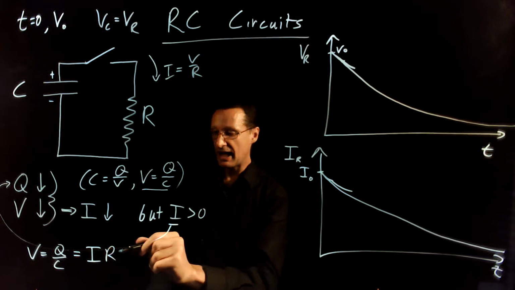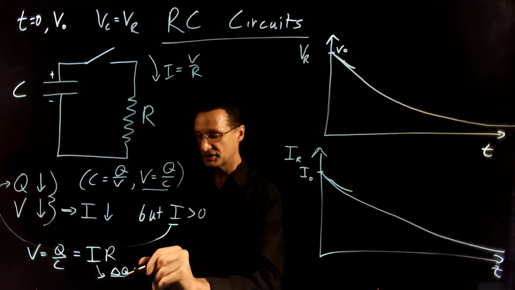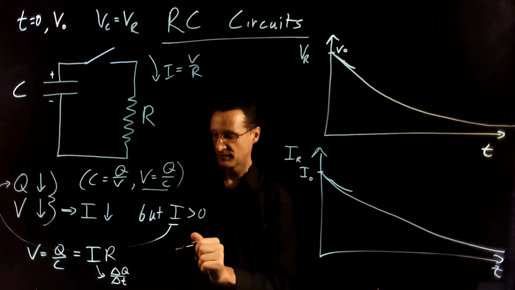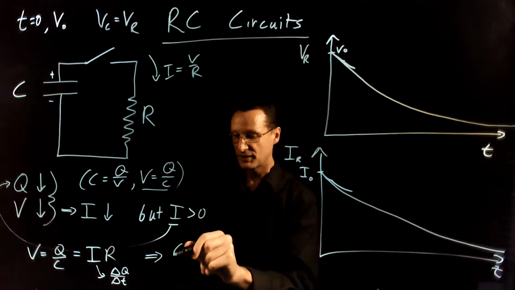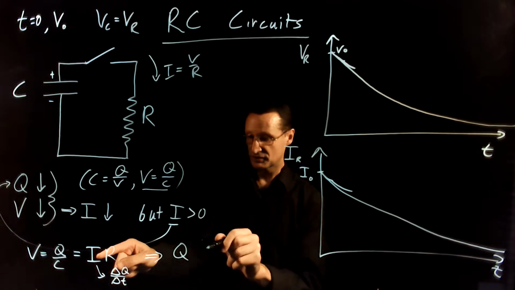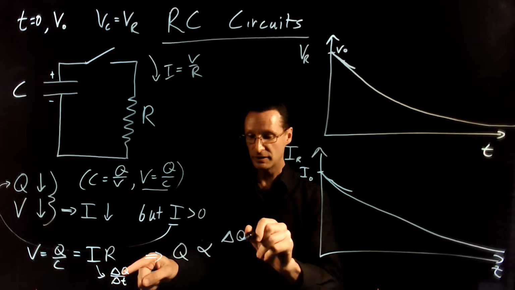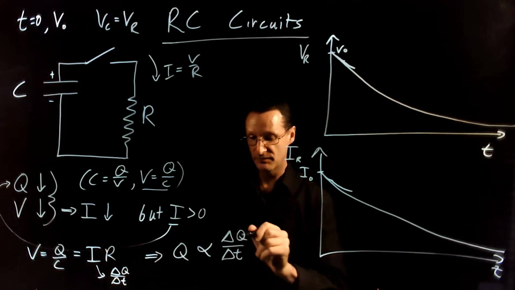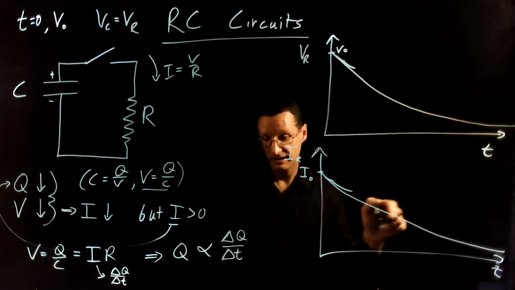Well, remember that I is the rate at which the charge is transferred. So if I put those two together, I get something that looks like Q is proportional to the rate at which Q is changing. And in fact, Q is decreasing. That's why I'm getting a decrease here.